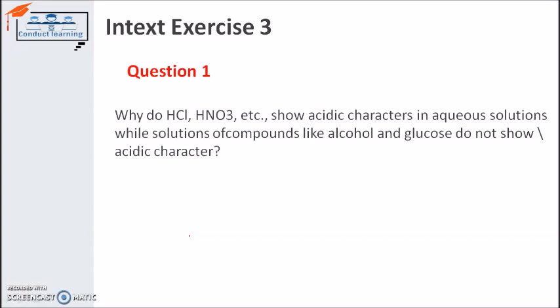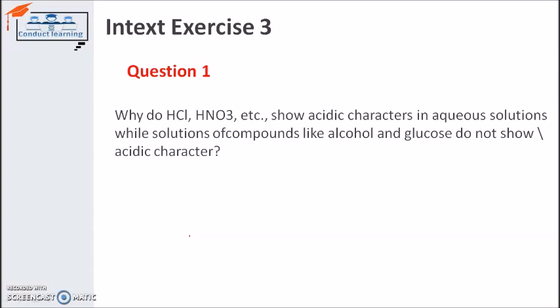Hydrochloric acid and nitric acid, HNO3, when put in an aqueous solution, produce ions. HCl produces H positive ions and chloride negative ions, and HNO3 produces H positive ions and NO3 negative ions.